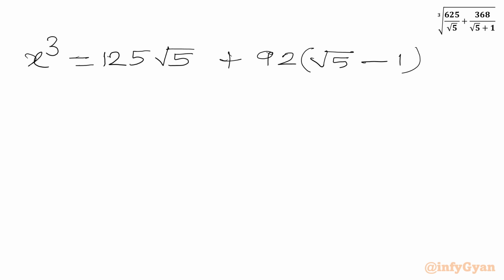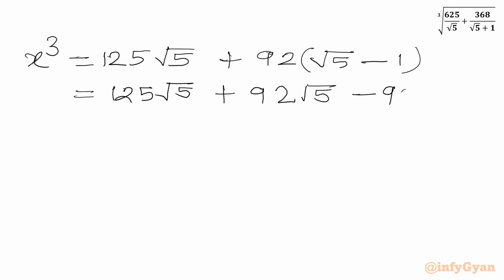Let's simplify the RHS. I can write 125 square root 5 plus 92 square root 5 minus 92.